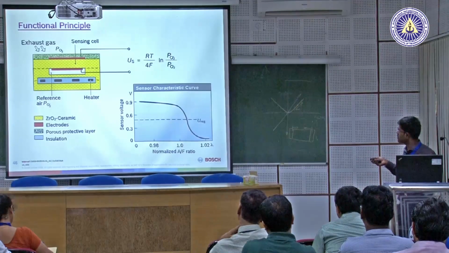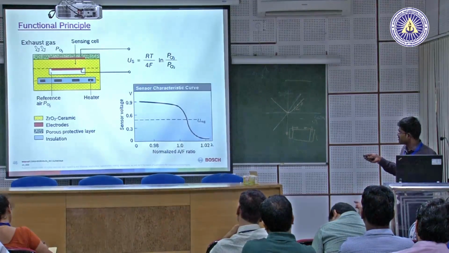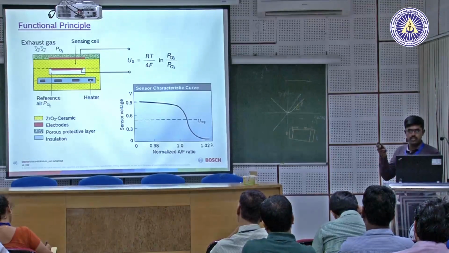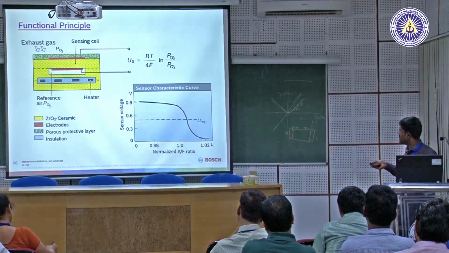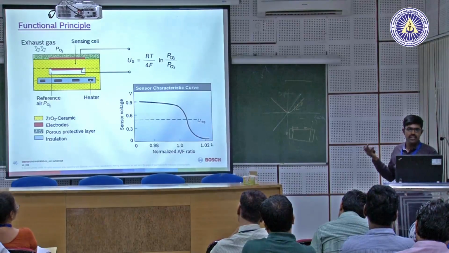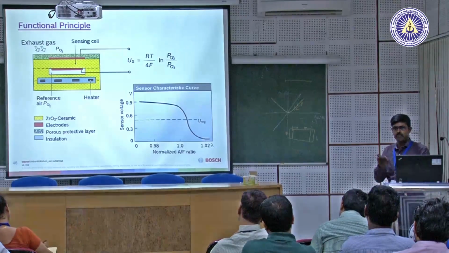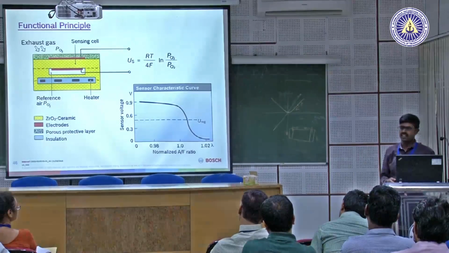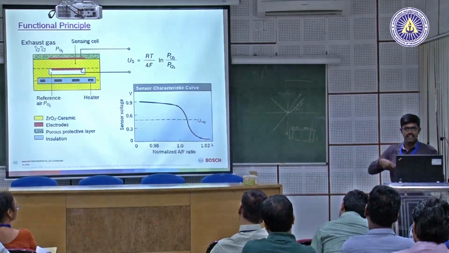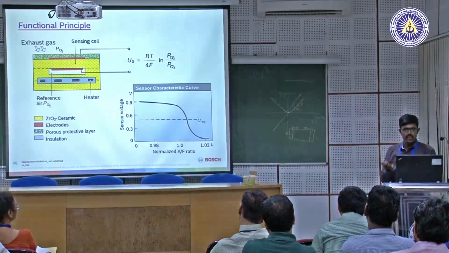Based on the voltage or current generated by the transfer of ions, it tells the ECU whether the mixture is rich or lean. Then the ECU adjusts the air mixture and combustion for efficiency, and again it starts its cycle.